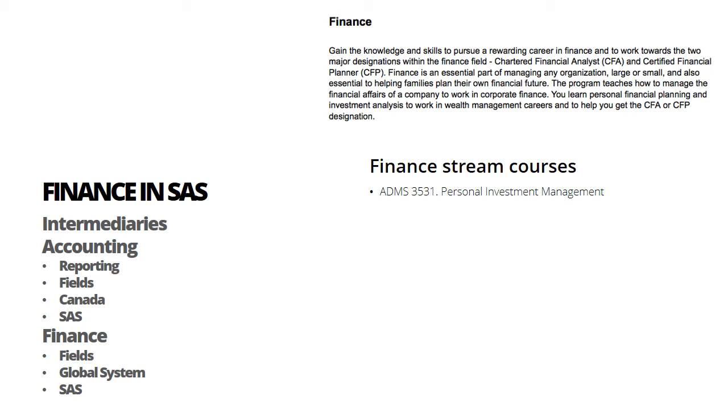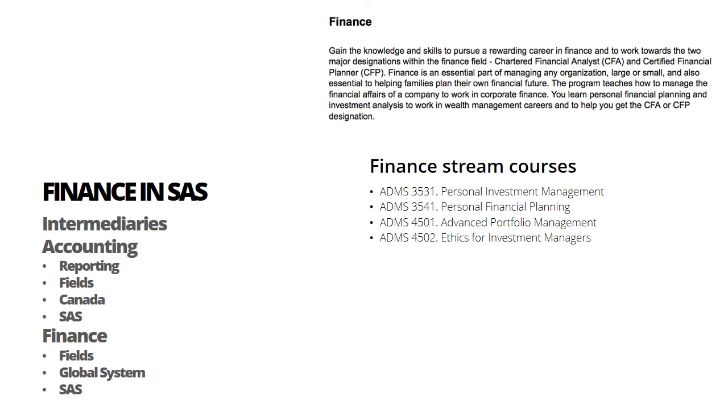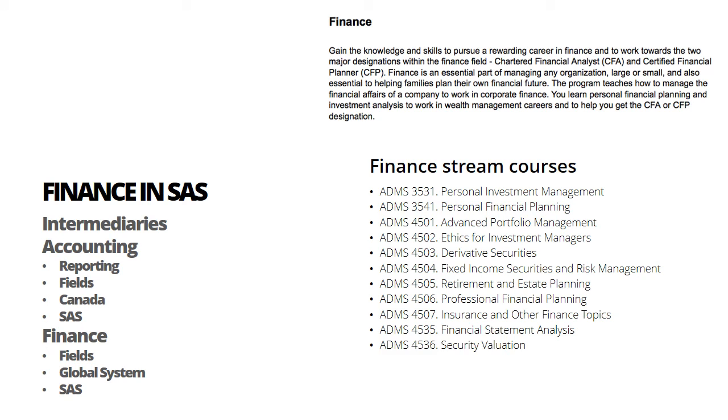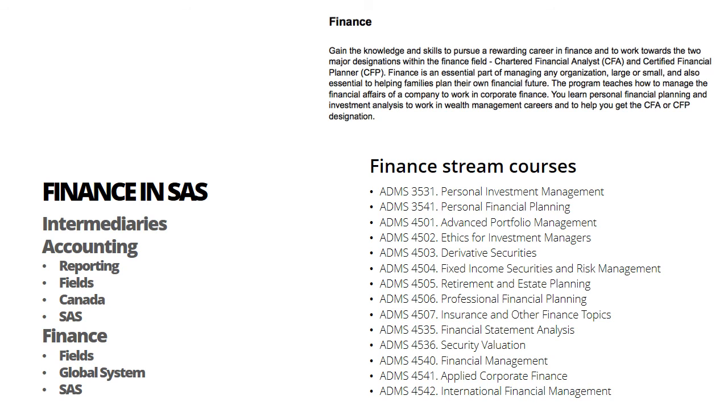These include ADMS 3531, Personal Investment Management, 3541, Personal Financial Planning, 4501, Advanced Portfolio Management, 4502, Ethics for Investment Managers, 4503, Derivative Securities, 4504, Fixed Income Securities and Risk Management, 4505, Retirement and Estate Planning, 4506, Professional Financial Planning, 4507, Insurance and Other Finance Topics, 4535, Financial Statement Analysis, 4536, Security Valuation, 4540, Financial Management, 4541, Applied Corporate Finance, and lastly, 4542, International Financial Management.